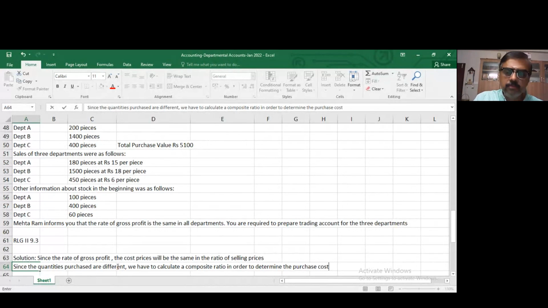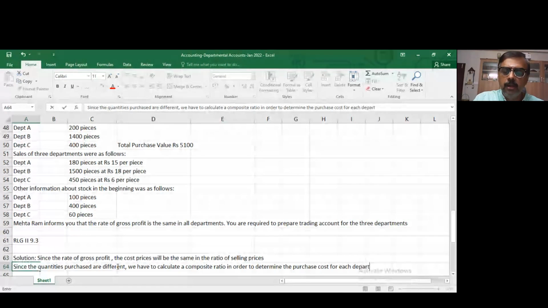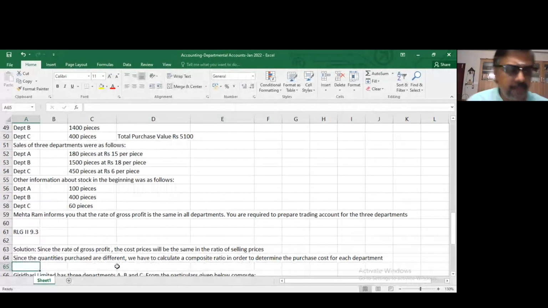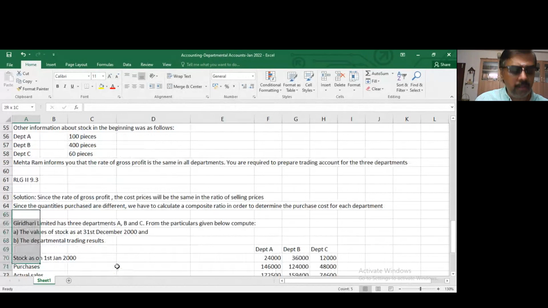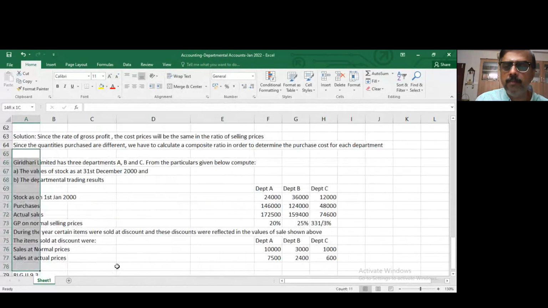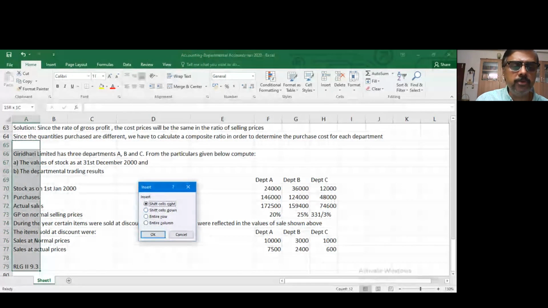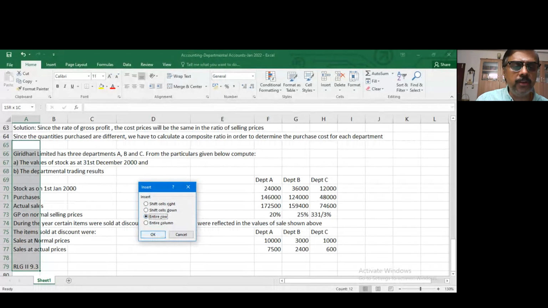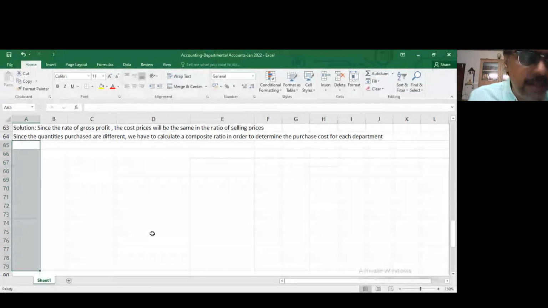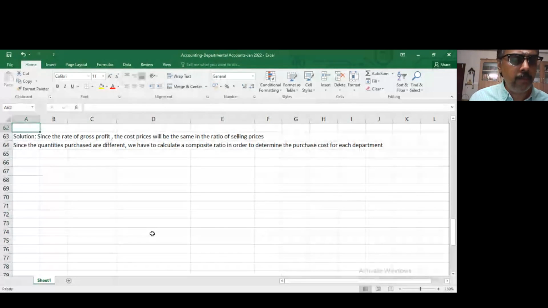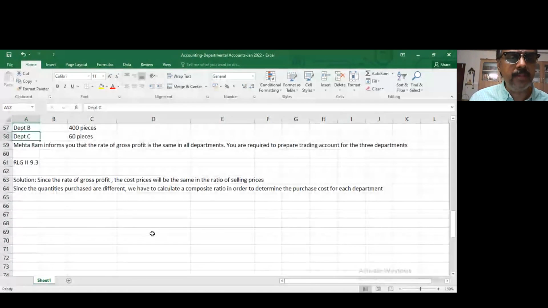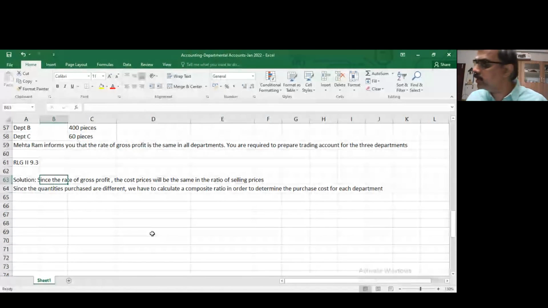That value is not given for each department. Now, this is an important point, dear students. Carefully observe. Since the quantities purchased are given, but the value of purchase is not given, what we are supposed to do is calculate a composite ratio where quantity will be different. Mathematically, when you do a ratio and proportion, the ratio of GP is the same, but quantities are different. So we have to do a composite ratio.